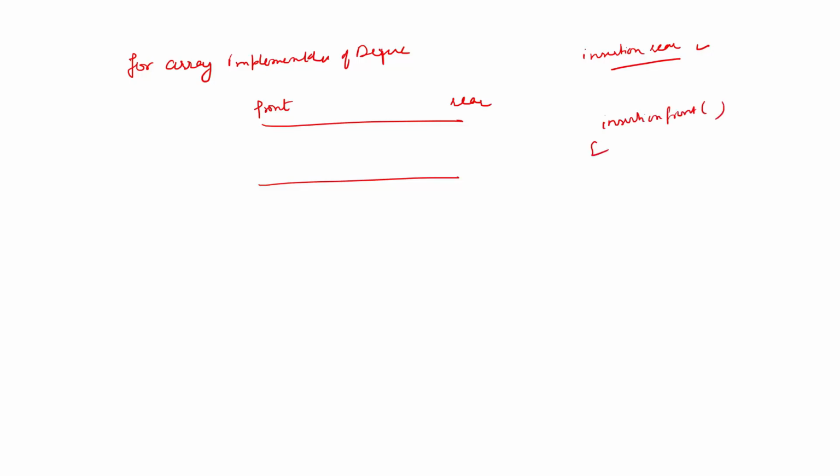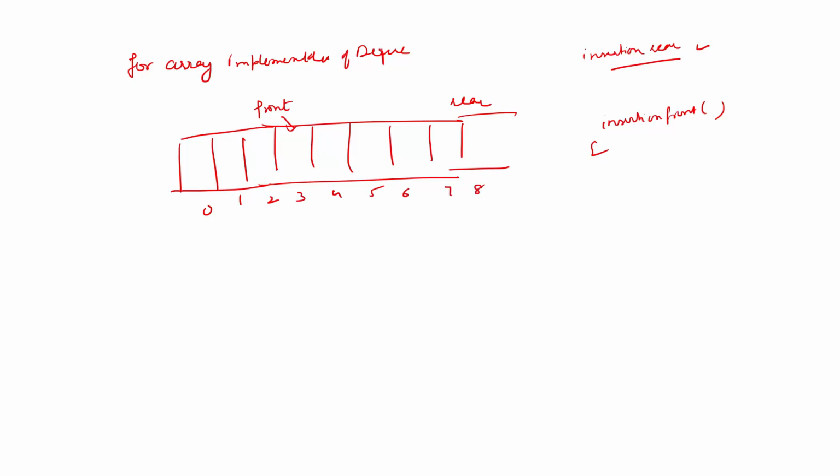What you have to do in this case: this is the scenario of some array representation. At some moment, let us suppose front was 3 and the rear was somewhere at the 8th position. There can be many other positions.